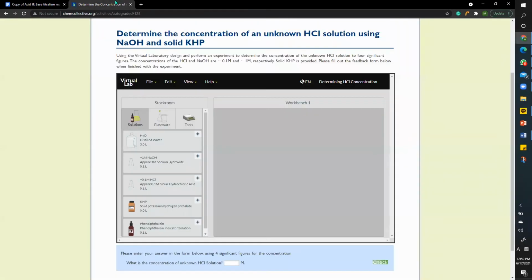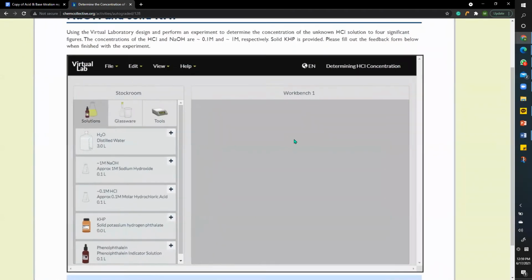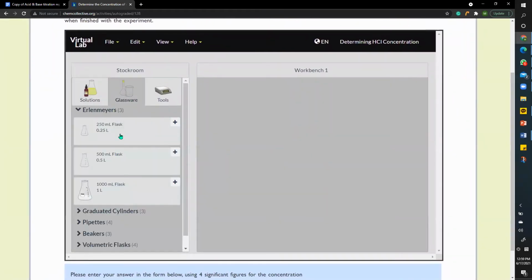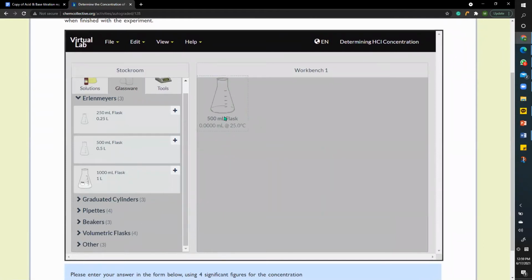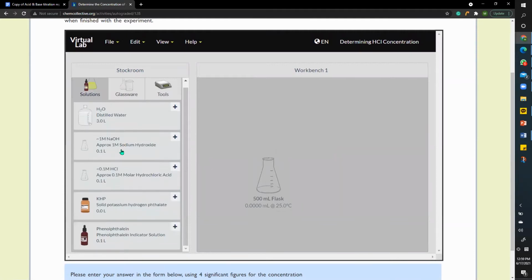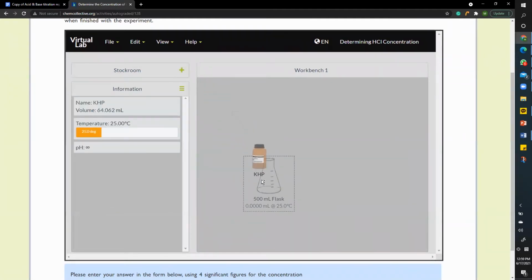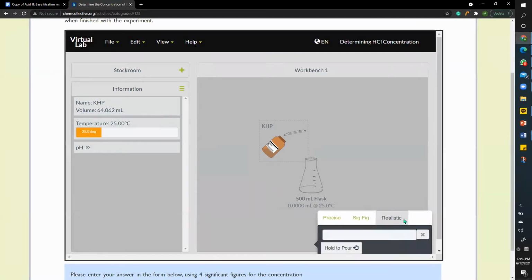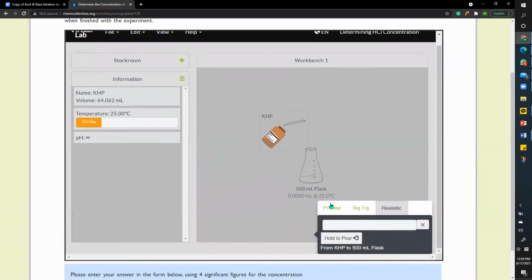So let's start. I will first use the eliminators. We add this one, and then we go to stockroom solutions. KHP is in here. We add it like this. Oh, before we start, there are 3 versions in this experiment: precise version, significant figure version, and realistic version. Realistic really depends on our senses.